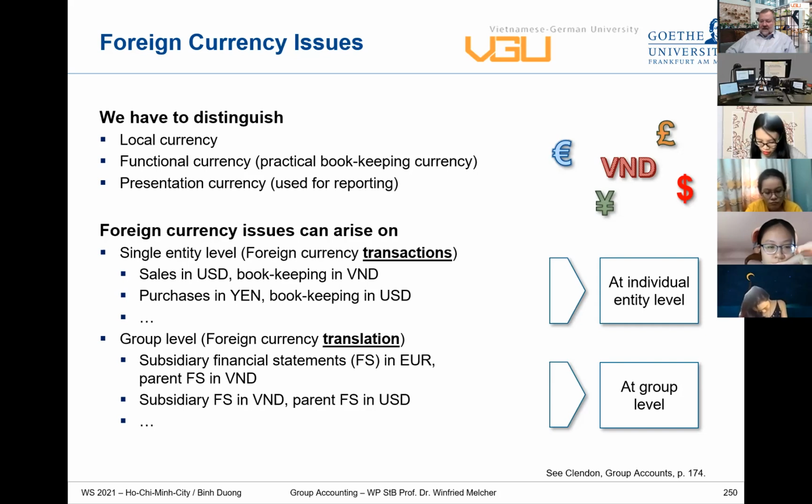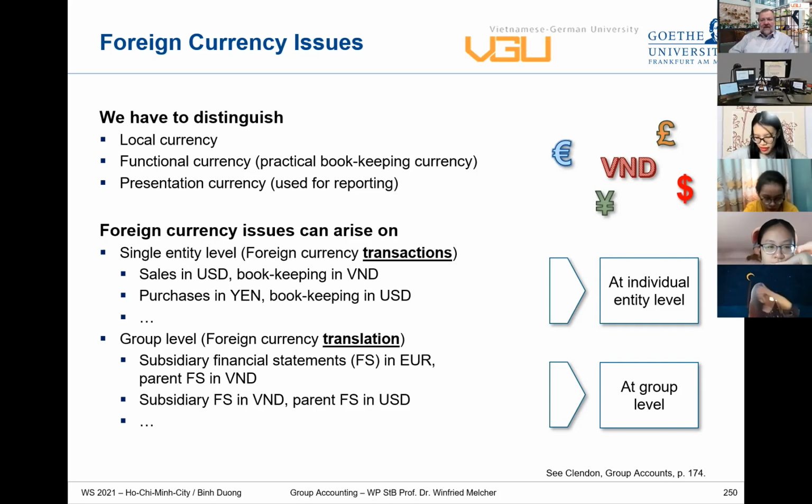So maybe in a Vietnamese company, you have some guys from Germany advising the Vietnamese companies, and well, they don't like to get yen. I'm sorry. They probably want to have euro.